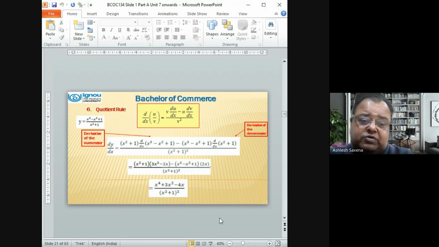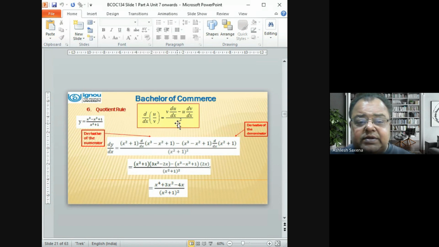I'm starting with quotient rule. As you can see, the problem will be given to you in this form, with a numerator and a denominator. Now, what is the actual procedure for differentiating? You have to square the denominator.